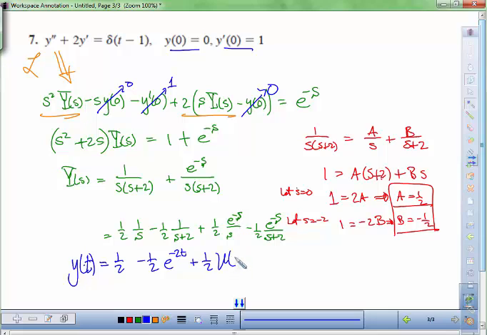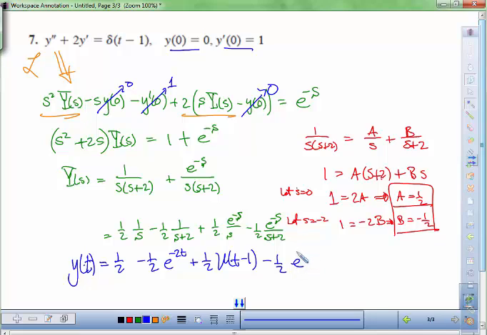So that's a u(t minus 1) that's shifted. And then this thing over here gets pulled back also. So 1 over s plus 2 gets pulled back as e to the negative 2t.